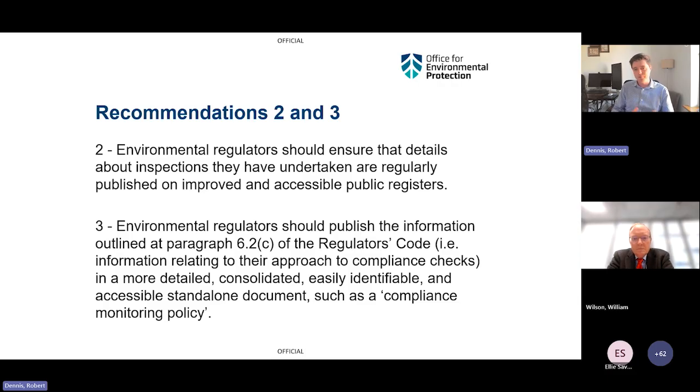So as a result, although this information on compliance is generally made available, it's often dotted around all sorts of different places, various different web pages and so on. So our recommendation here essentially is that information on compliance checks should be consolidated into one easy to find place, for example, in the form of a compliance policy, very similar to the way that regulators already publish enforcement policies.